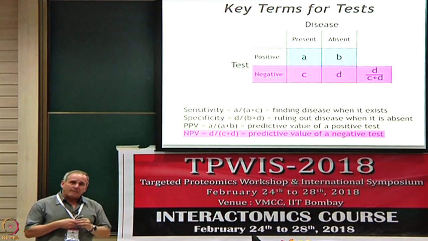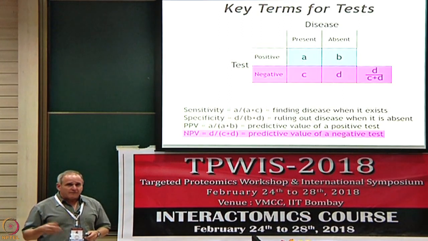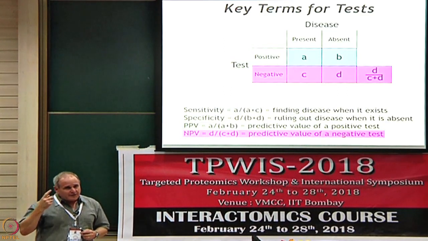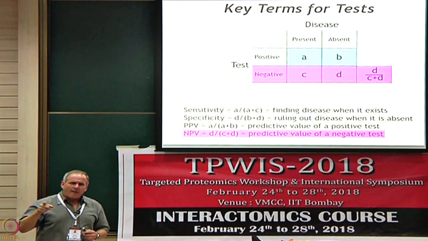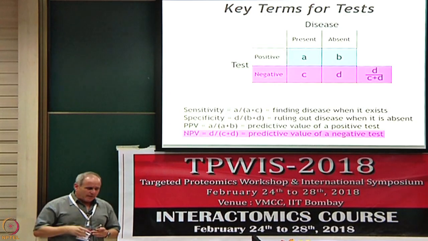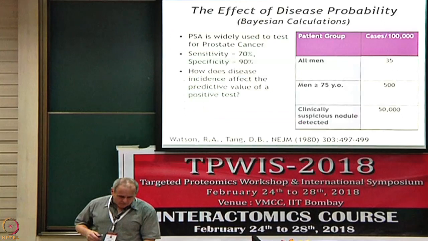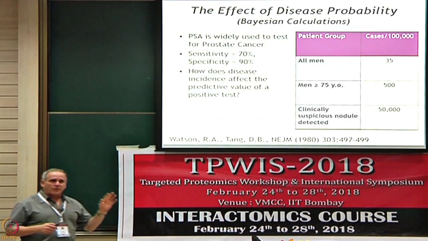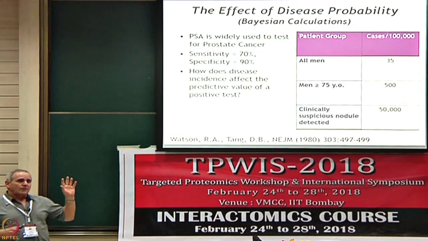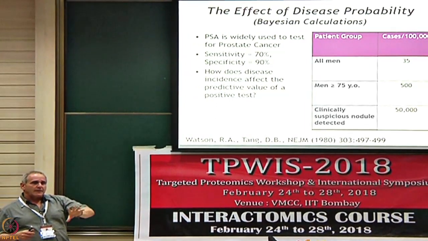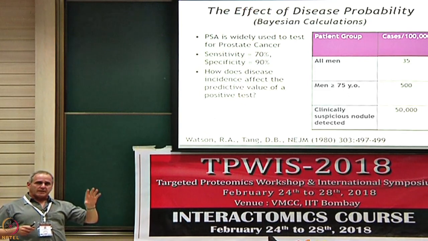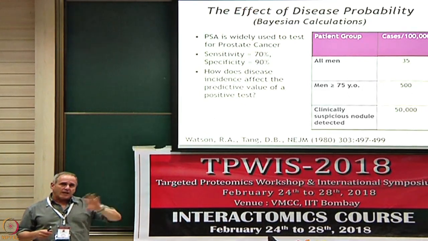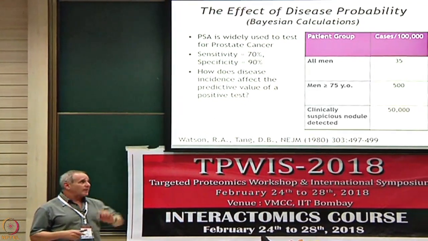When you hear somebody boast about the positive predictive value of a test, the first thing you need to ask was, what population did you test? How prevalent was the disease in that population? Okay, so let's walk through that. So this has to do with what's called Bayesian calculations, which includes looking not only at the probability but also at what's called the prior probability, which is when you begin your test, what was the likelihood to start with?